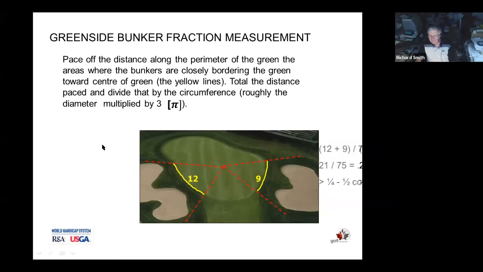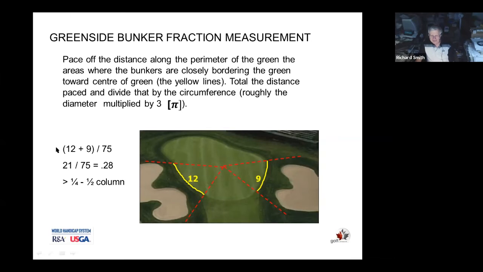Okay, so we have then 9 plus 12 divided by 75, where 75 is the circumference of the green, diameter multiplied by, well, technically it should be multiplied by pi, which is 3.14, but we can get pretty close just by multiplying by 3.